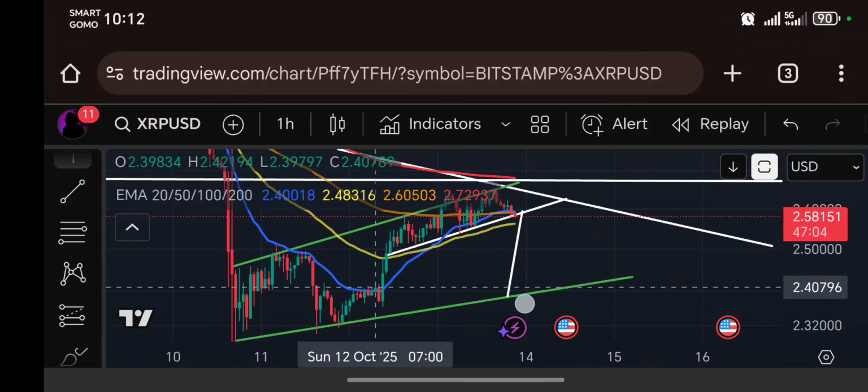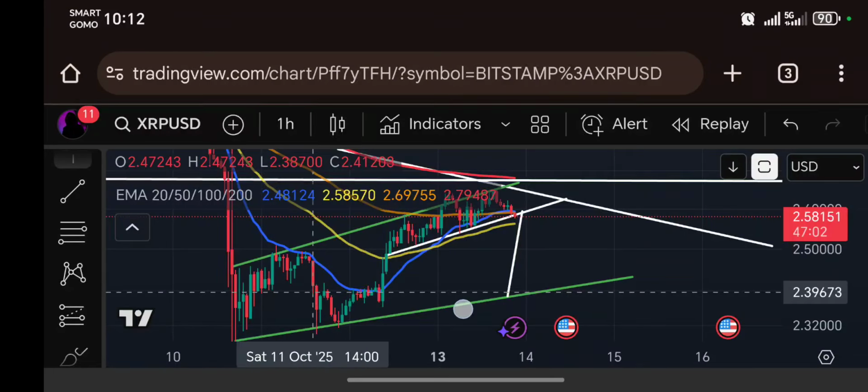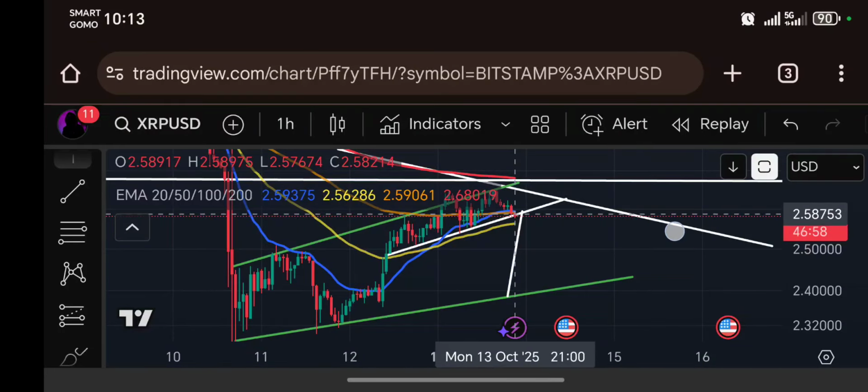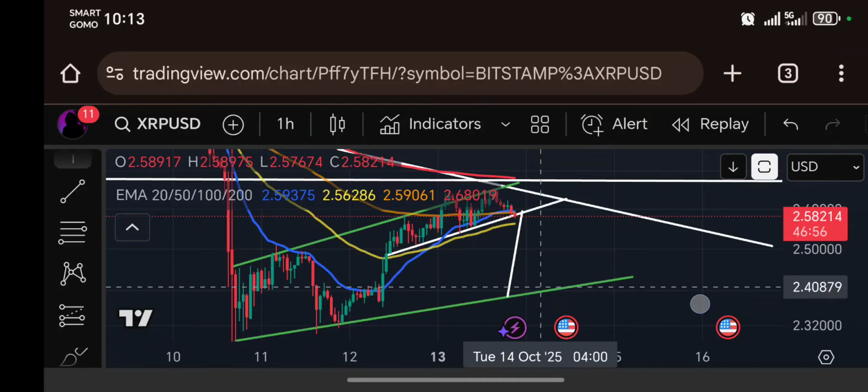This previous resistance here, you see this? That's your resistance, this is support. So expect, this is a good short opportunity here. I'm not saying this is 100% accurate, but there's a lot of possibility that it will go down, excuse me.